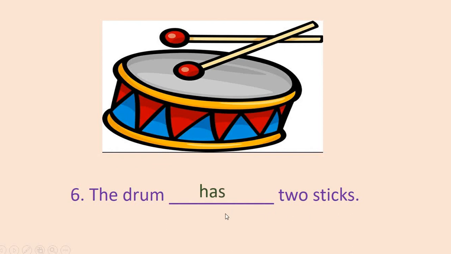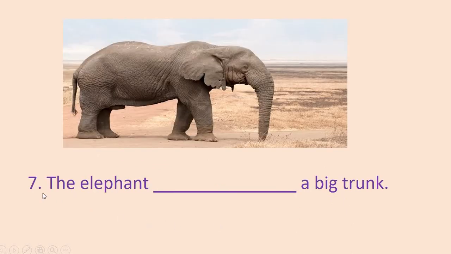The drum has 2 sticks. Number 7. The elephant has a big trunk. Okay?